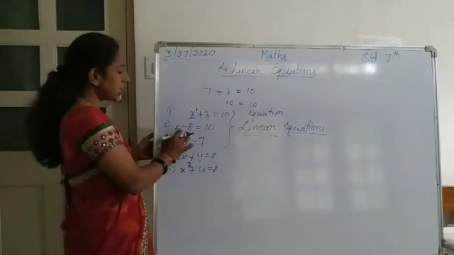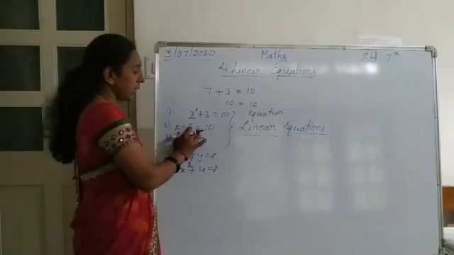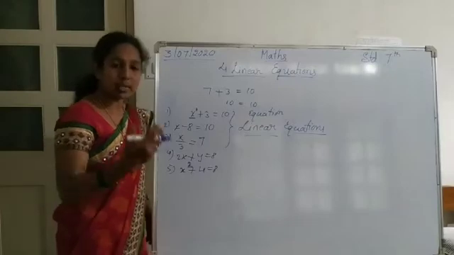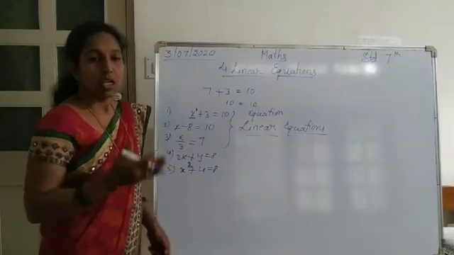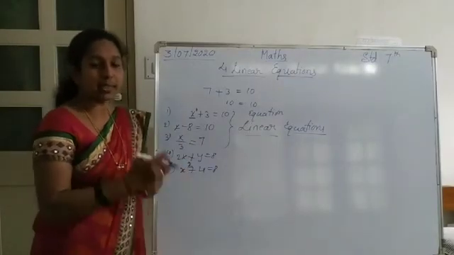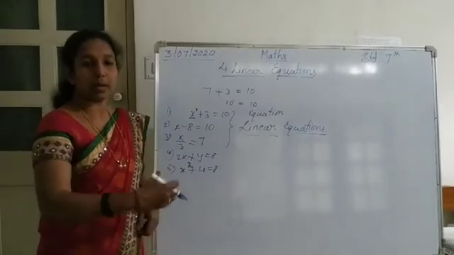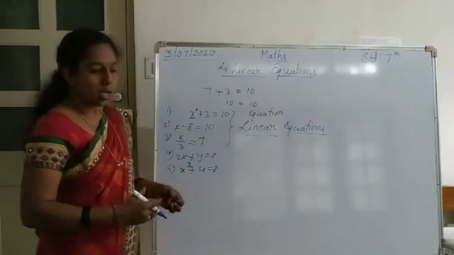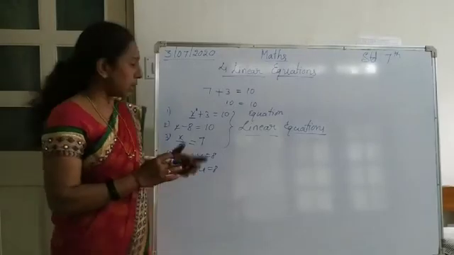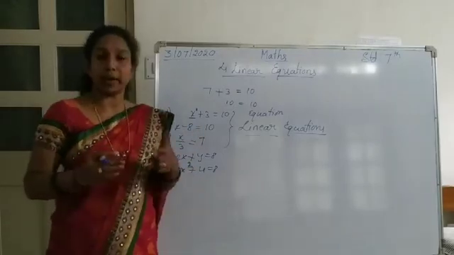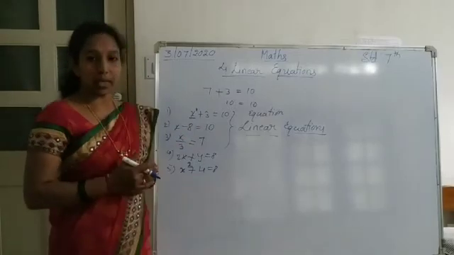Otherwise, 8 is subtracted from a number, then it gives 10. We will learn how to write these in the next exercise. First we are going to learn how to solve and find the value of the variable.